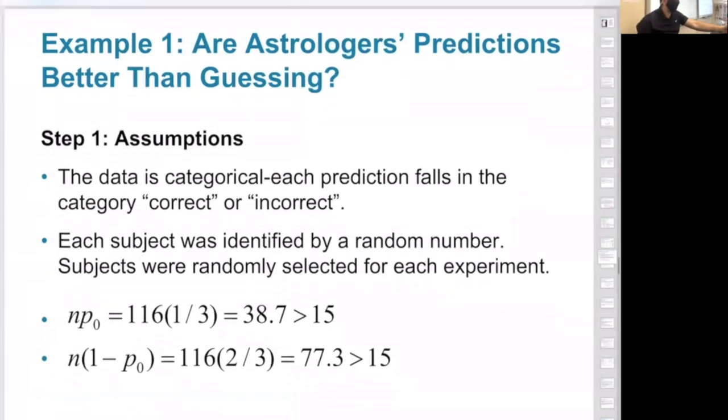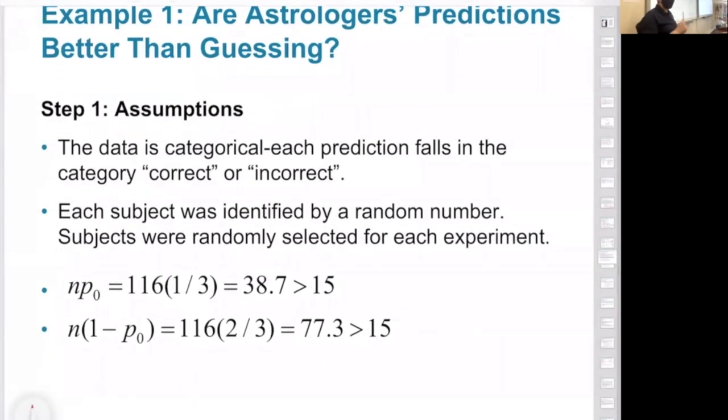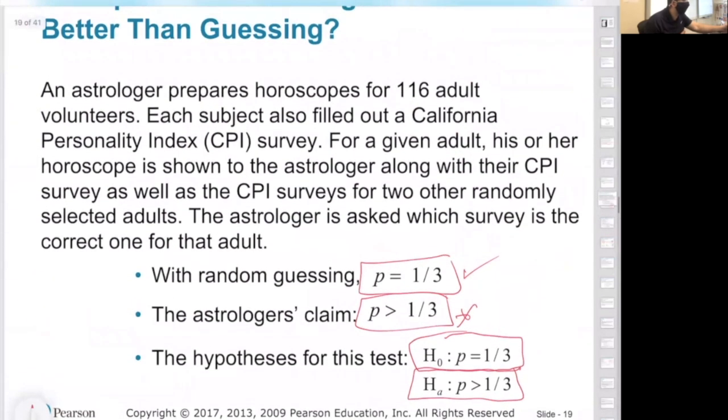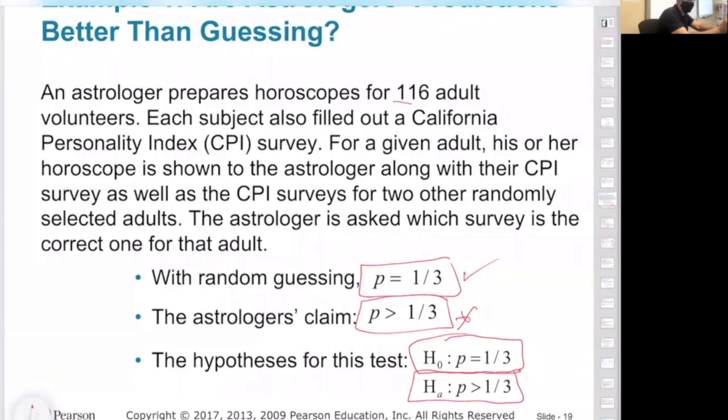So first, the assumptions. From the scenario, you know that the variable is categorical. You have correct or incorrect. This is the first thing. The second thing is that the sample size is large enough, so we can assume that the sampling distribution of the sample proportion is normal. We have to check that. If you return to our scenario, we have 116.